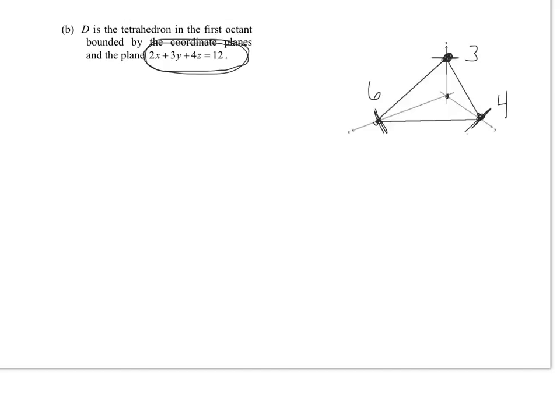If you choose a random point inside of that solid, it really doesn't matter whether you allow that point to move in the x direction, in the y direction, or in the z direction. In each case, when it moves one way, it's going to bump into a coordinate plane, and when it moves the other way, it's going to bump into this triangle.